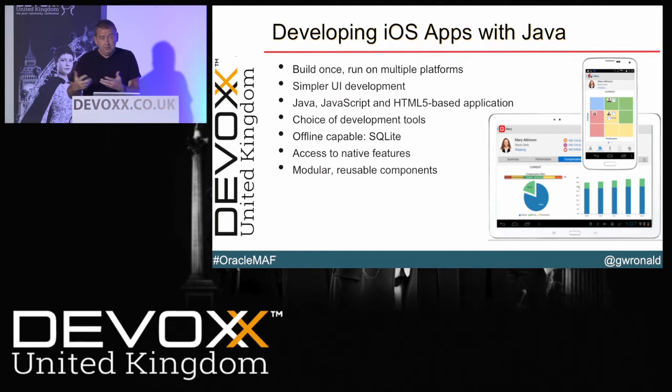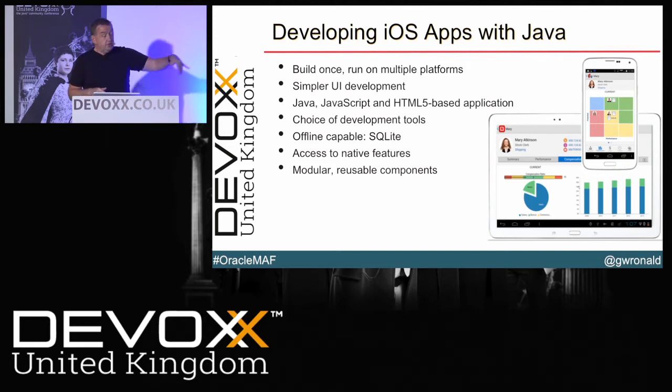So we've taken care of building the nice widgets and the data visualization components. Java is your scripting language, but you can also use JavaScript as well if there are particular extreme corner cases where you want to really maximize the benefits of the platform.